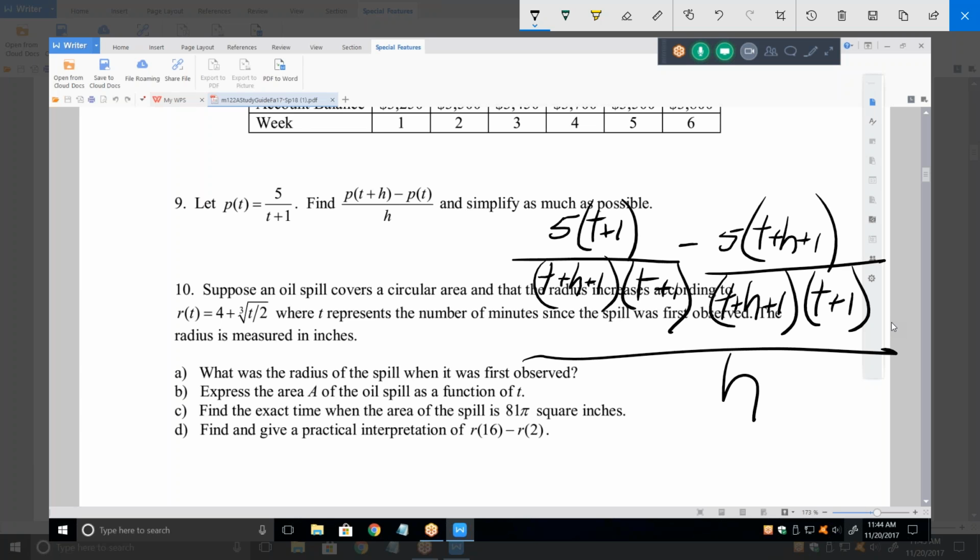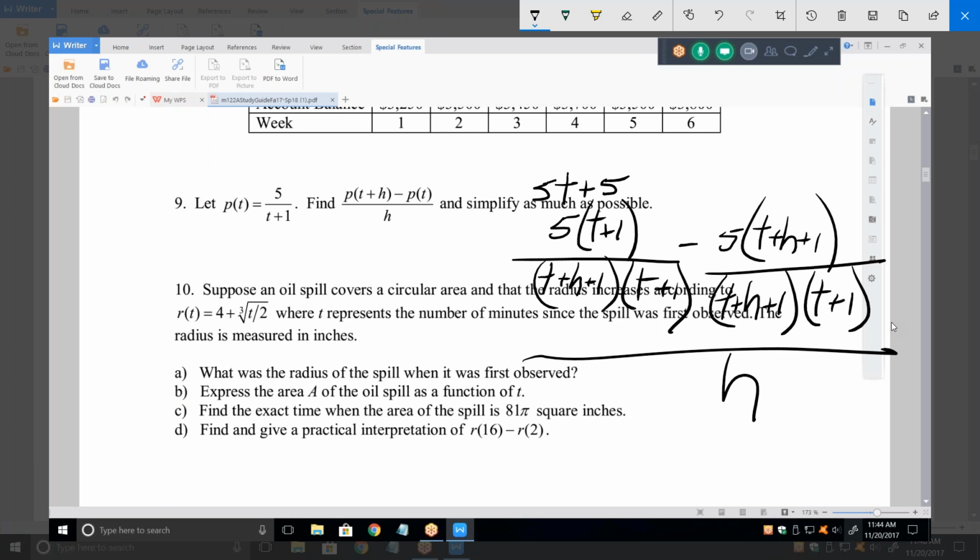So the only thing we can do now that we have a common denominator is to operate on the numerator. Well, we can't operate on the numerator until we've distributed it. So what's the new top left of the numerator? Distribute the 5. 5t plus 5.